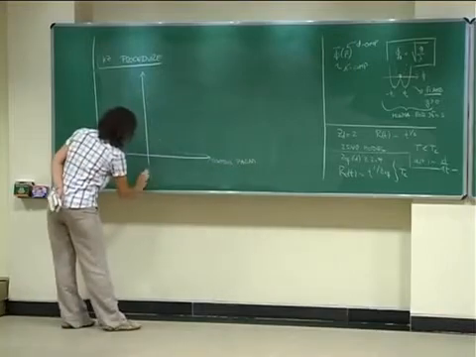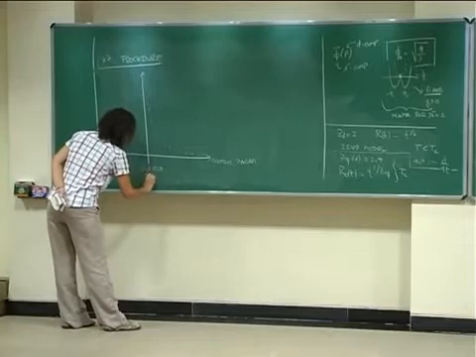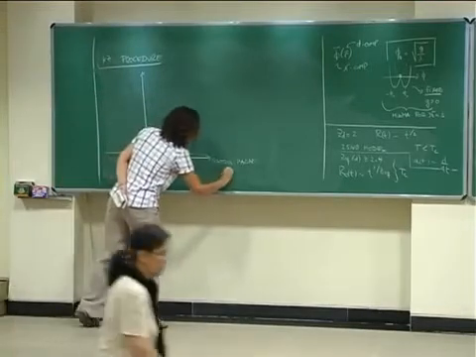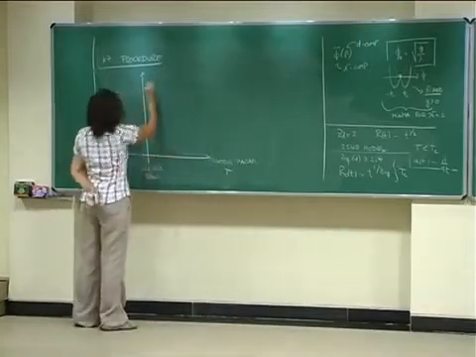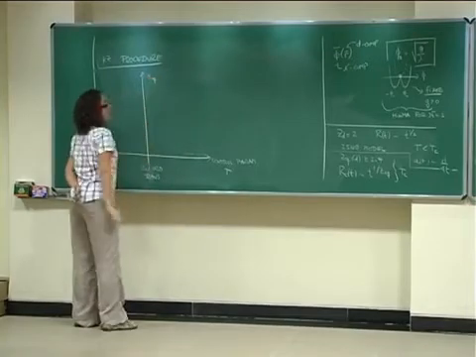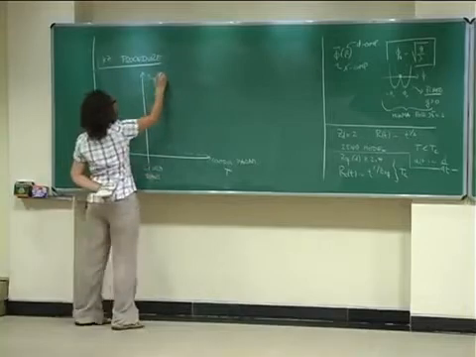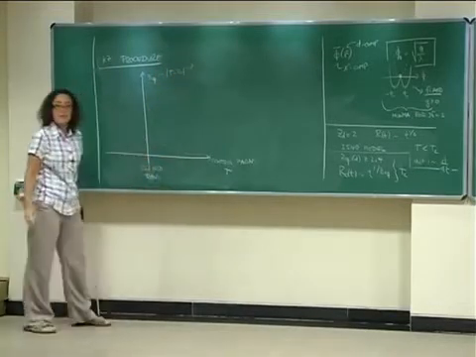Here is the transition. For me, the control parameter is temperature. And this is the equilibrium correlation length, which diverges with some power law at the critical point, right?